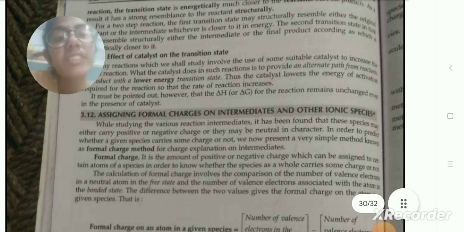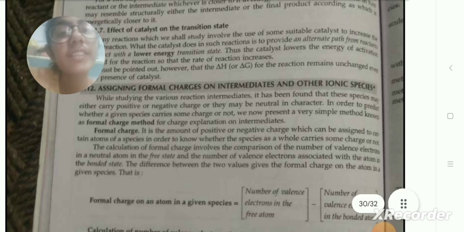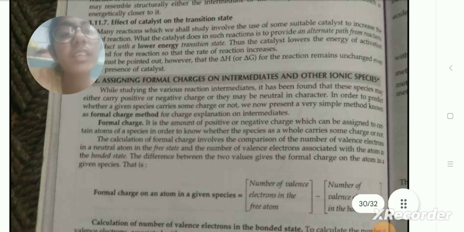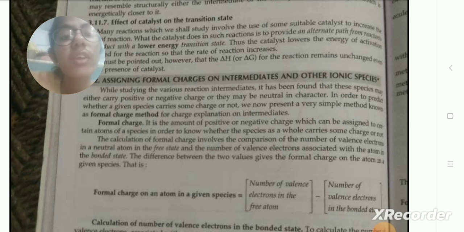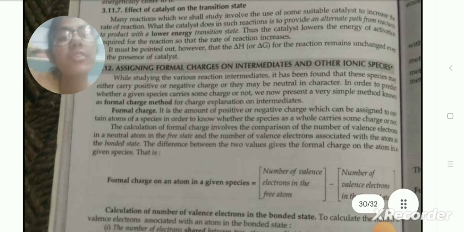Assigning charge to intermediates: formal charge. On studying the various reaction intermediates, it may be found that the species may either carry positive or negative charges, or they may be neutral in character. In order to predict whether a given species carries some charge or not, we now present a very simple method known as the formal charge method for the charge assignment on intermediates.